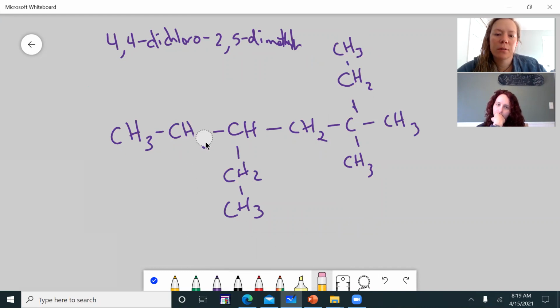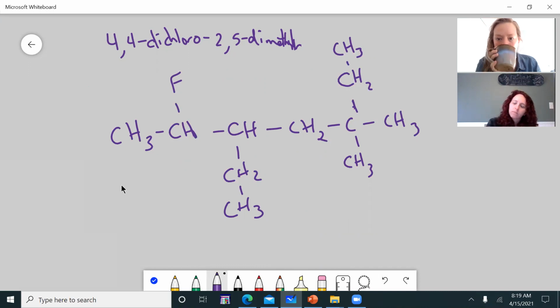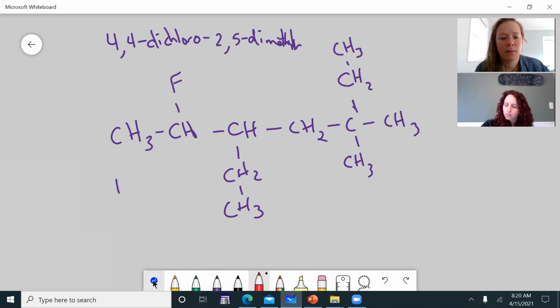For good measure. Okay. That's the structure. So I want you to name this thing. There is stuff in this upper right-hand corner here too, so make sure you take that into account. Just erase that.